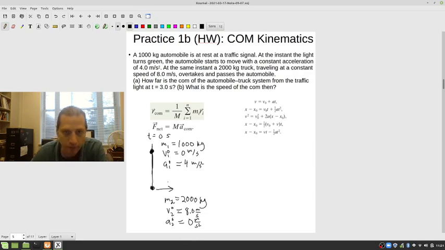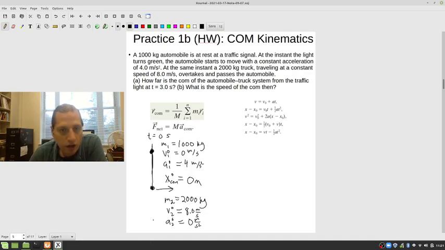Now, all right. I hope you can see that because the position of the first object and the second object at t equals 0, they're both at the same position, 0. My x center of mass at time 0 is just going to be 0 meters.